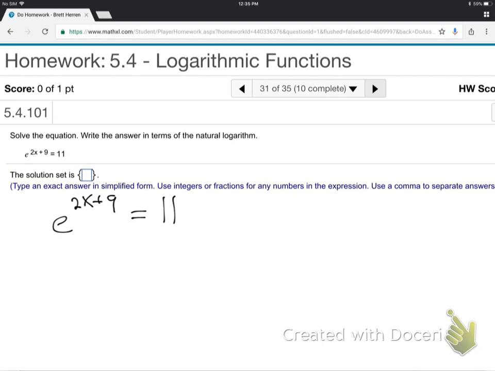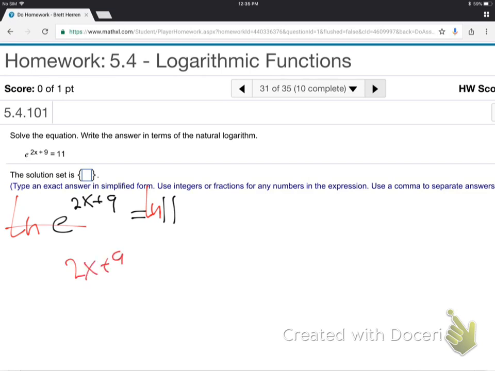What's going to get rid of that e? ln both sides, right? Logs and powers are opposites. So if you got a power, do a log. If you got a log, do a power. Make sure the bases match. So I'm going to ln both sides. Cancels it out. They're opposites.